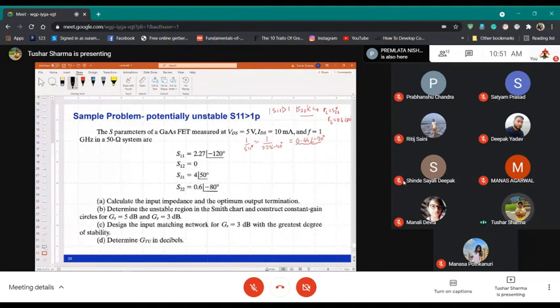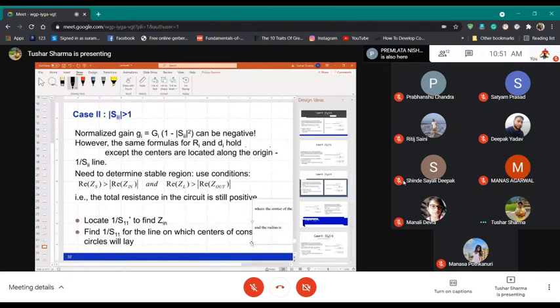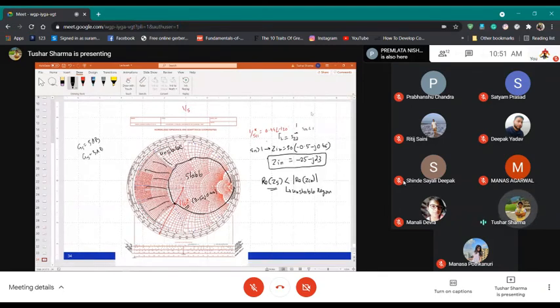So you do this. Okay. So go back. So plot 1 over S11. So we know S11. So 1 over S11 we will plot first, and then you will calculate GS. GS is equal to 5 dB है, तो small gs निकालेंगे.